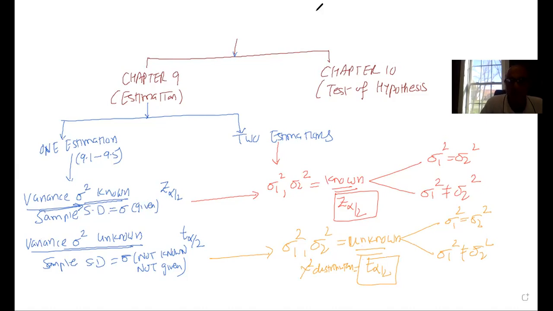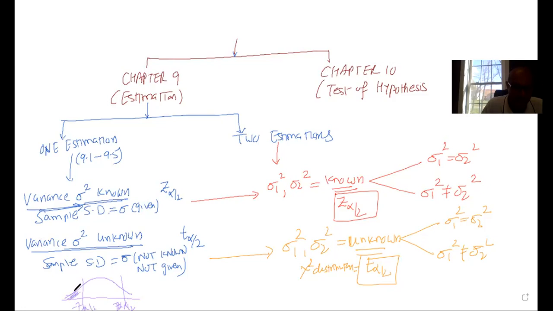Here, if you want to draw the picture, you have something like this. Suppose you have z alpha by 2. This is my z alpha by 2, and the negative of z alpha by 2, z of negative alpha by 2.